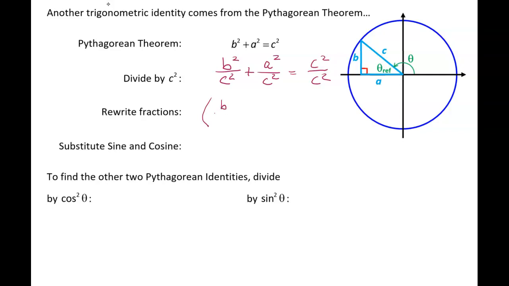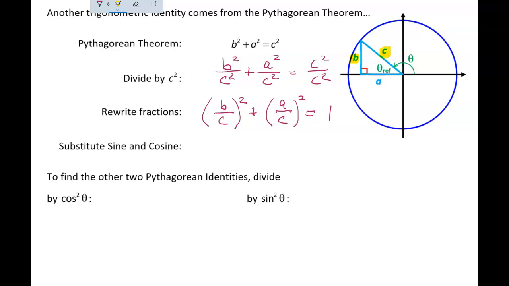B squared over c squared could be rewritten as b over c squared. A squared over c squared can be rewritten as a over c squared, and c squared over c squared is equal to 1.